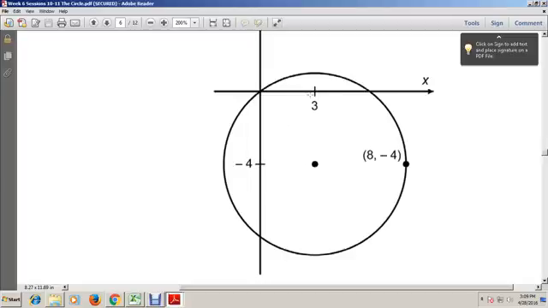To make 5 units, we need an additional 2 units here. So this is actually negative 2. So this point, which is directly along this line, is (negative 2, negative 4).